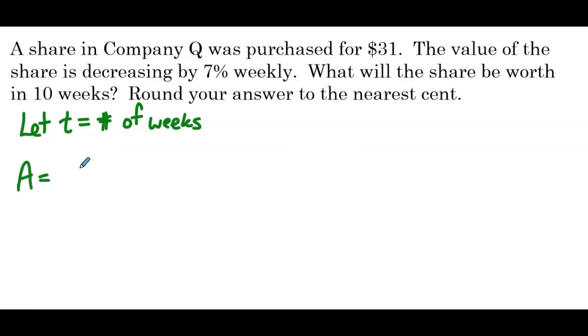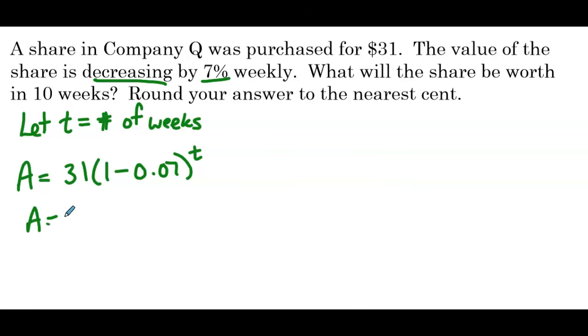So a equals p, which is the initial amount, so 31. And it's decreasing by 7%, so 1 plus a negative r value, or 1 minus 7%, which in decimal form is 0.07, so minus 0.07, to the t.